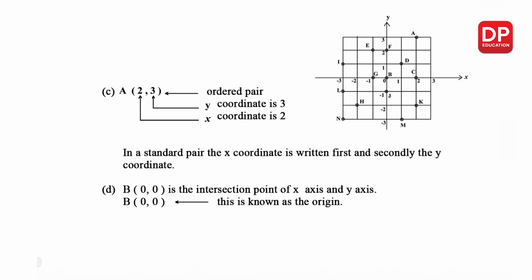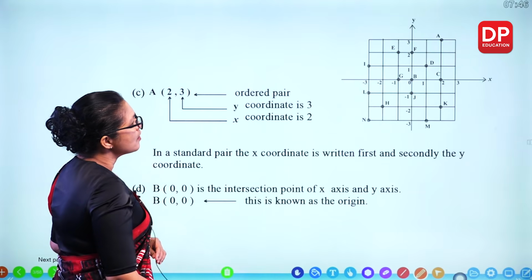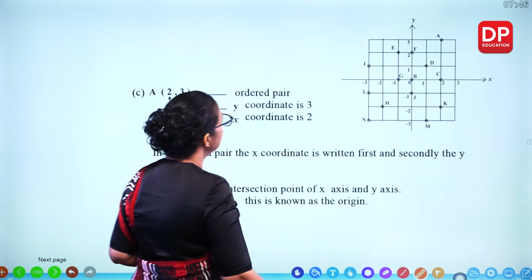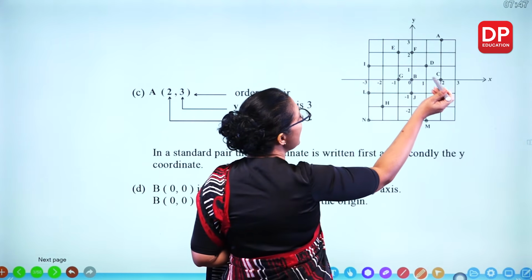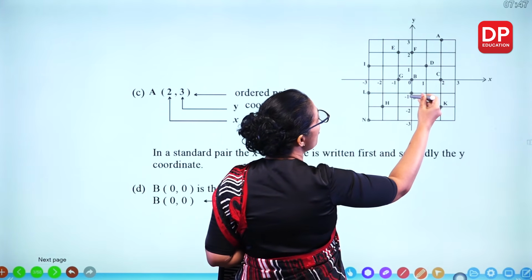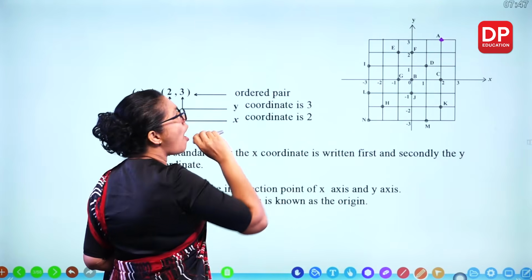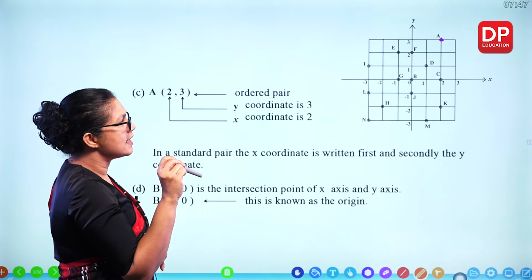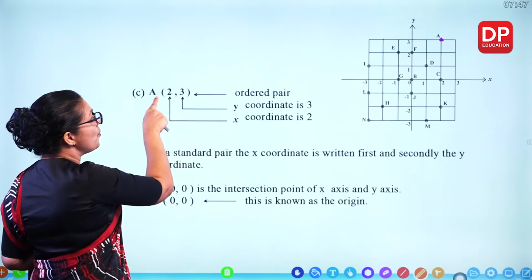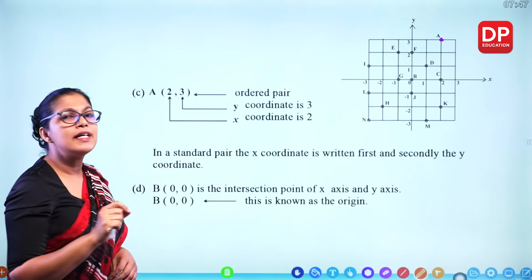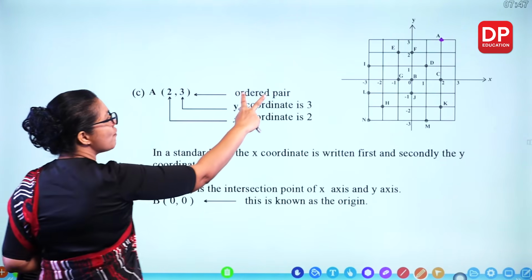Same diagram. When you take point A, where's point A? Here. This is point A. So how do you read this point? We can use an ordered pair. There's an order for that.